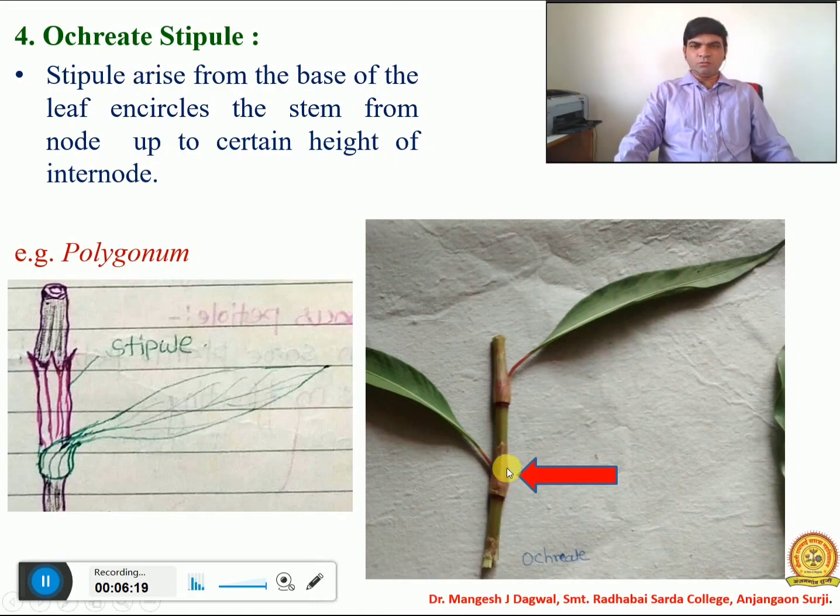This is called the arcuate type of stipule. This is the actual image of this stipule in the plant Polygonum, which is the example of the arcuate type.